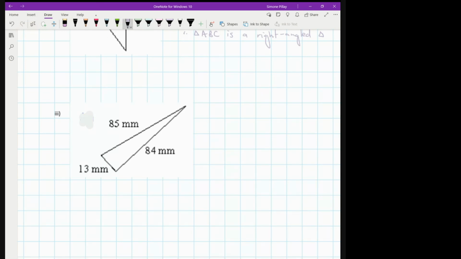Yes. So I'm going to say a squared is equal to b squared plus c squared. Beautiful. 85 squared is equal to 13 squared plus 84 squared. 85 times 85 is 7225.